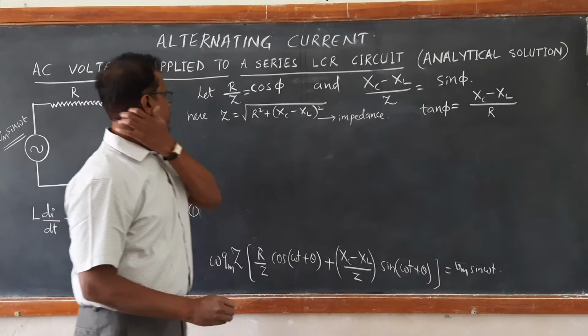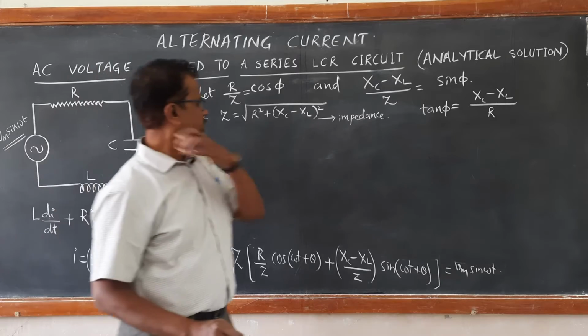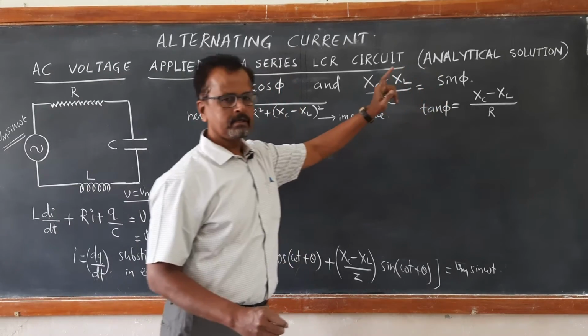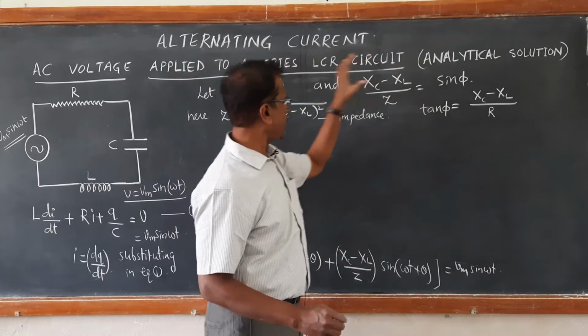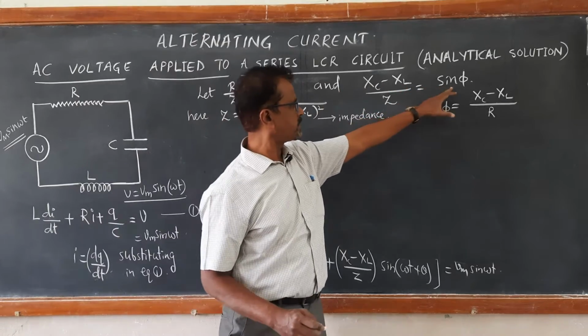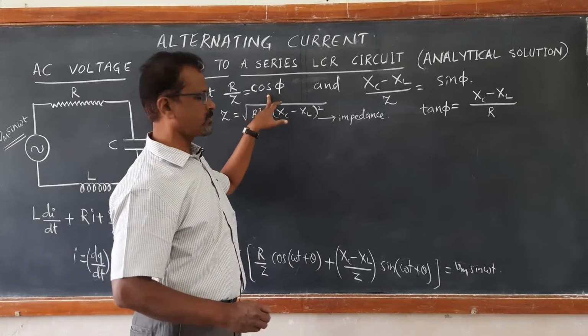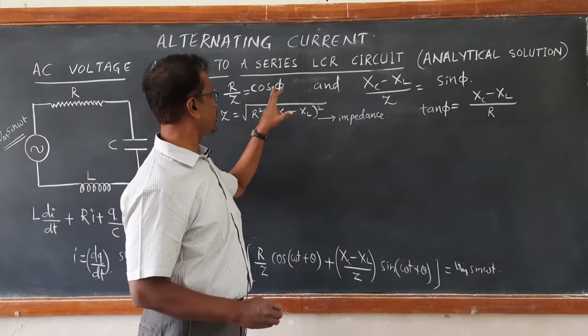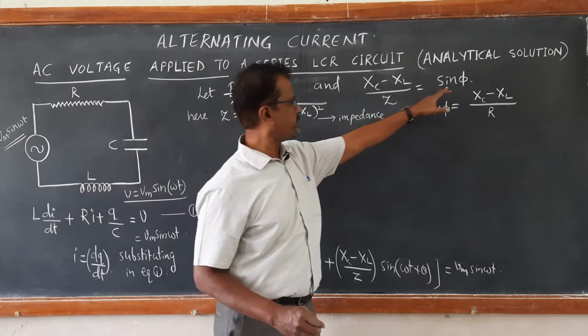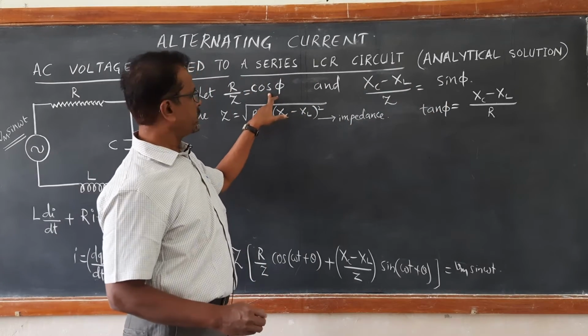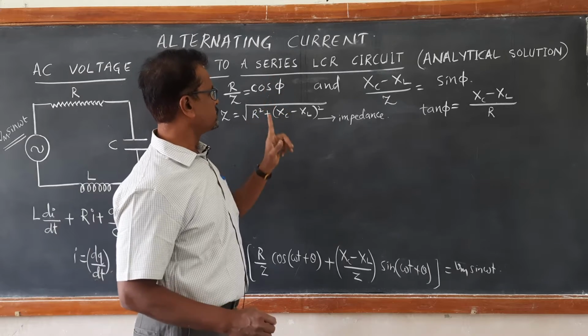Which can be obtained using this equation, squaring and adding, squaring of sines and squaring of cos, adding them, sin square phi plus cos square phi, which gives us 1.